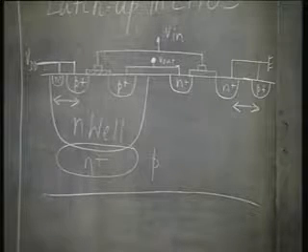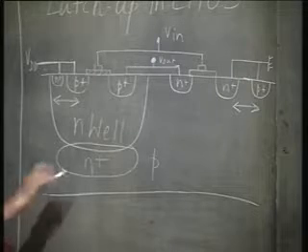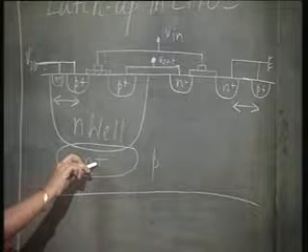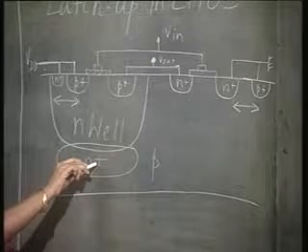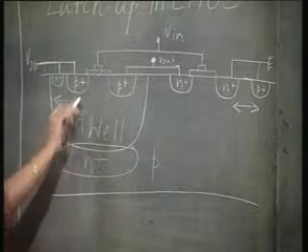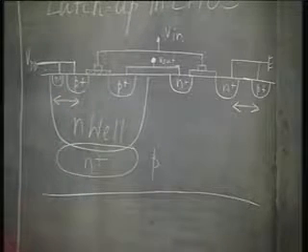A retrograde well is one where the peak doping concentration lies deep inside the wafer, not at the surface, but deep inside.